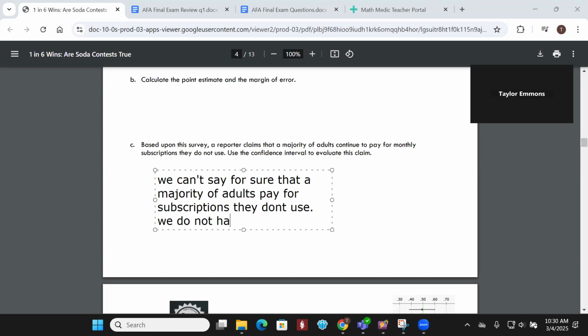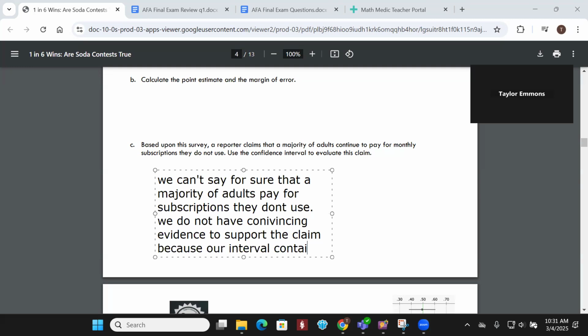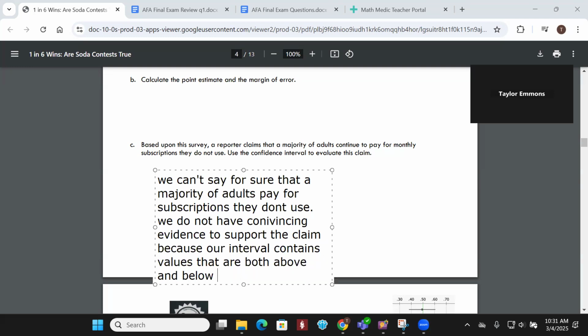We do not have convincing evidence to support the claim because our interval contains values that are both above and below 0.5.